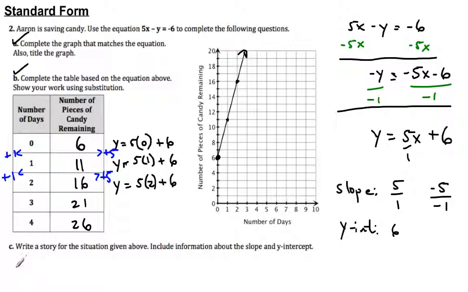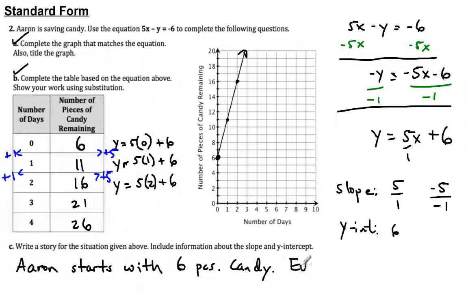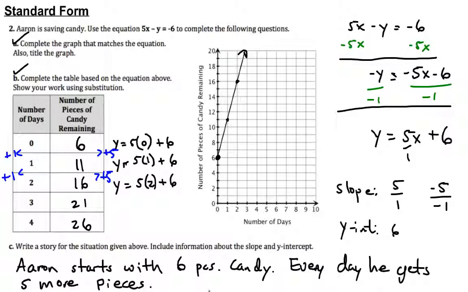Something simple like Aaron starts with 6 pieces of candy, and then every day he gets how many more? He gets 5 more pieces.